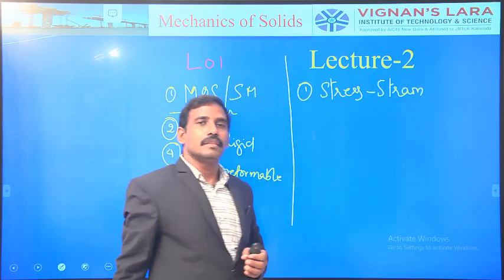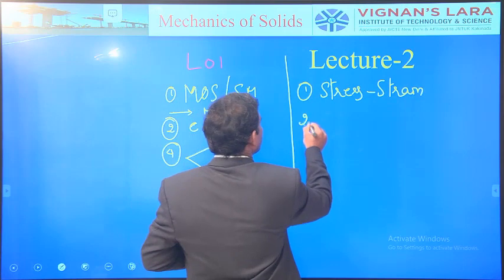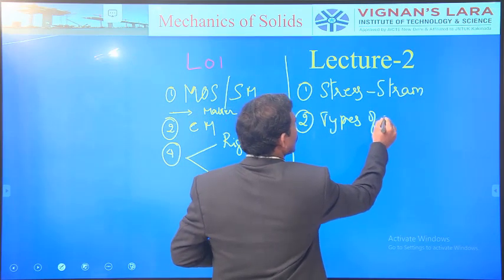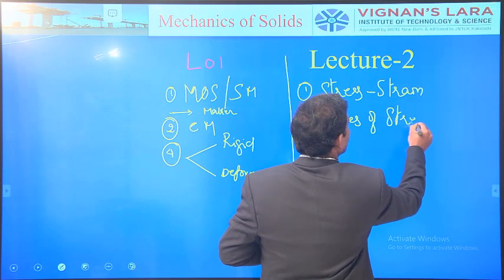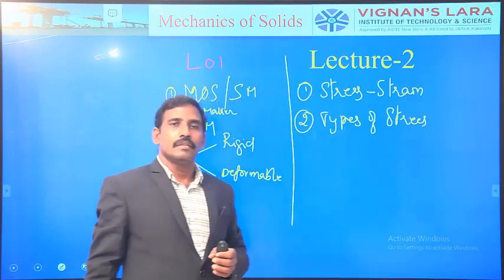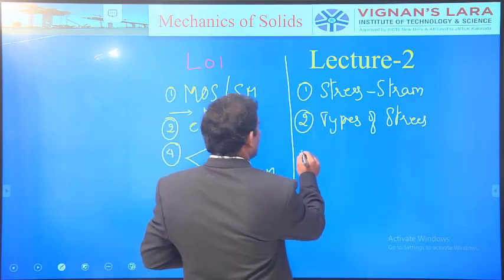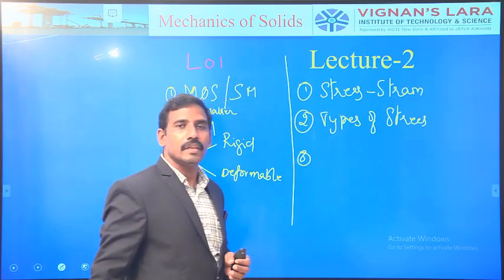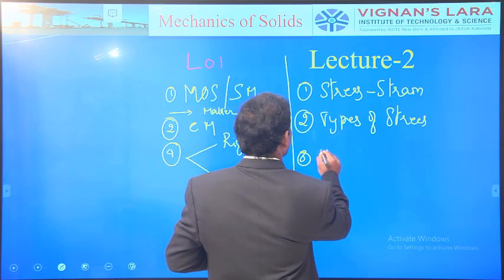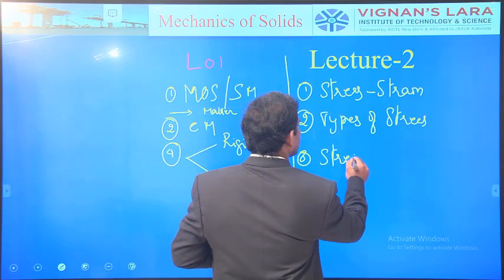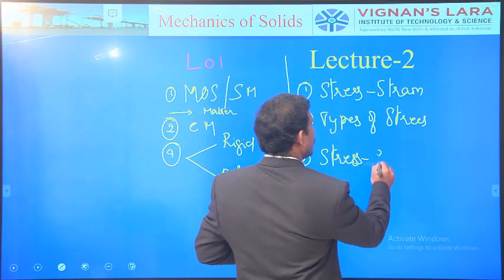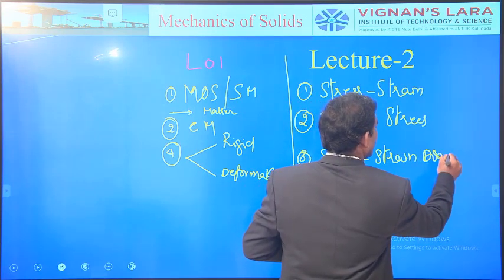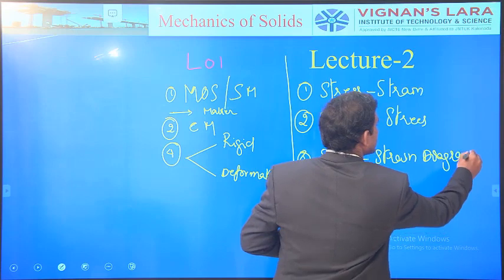and the second one is the types of stresses, and then draw the graph between stress and strain for a ductile material, the stress strain diagram.